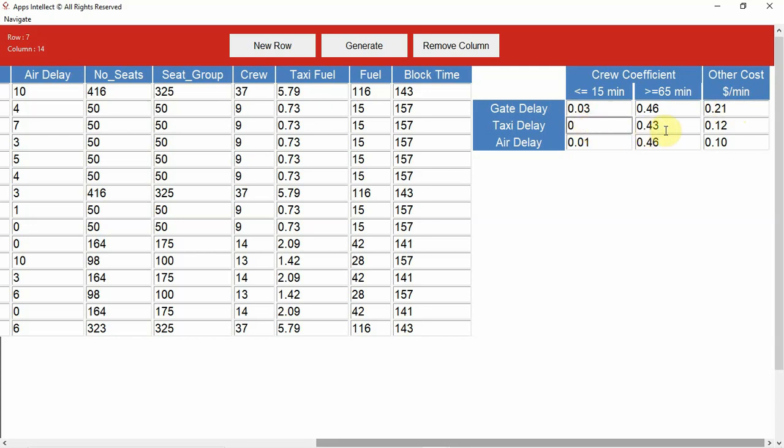Similarly, for taxi delay, 0 for less than 15, 0.43 for greater than 65, and the other cost associated with taxi delay is $0.1 per minute. For air delay it is 0.01 for less than 15, 0.76 for greater than 65, and 0.10 is the other cost for the air delay. And this is the crew coefficient, the delay costing, and this is for the other cost. So this is the input data we are putting in.